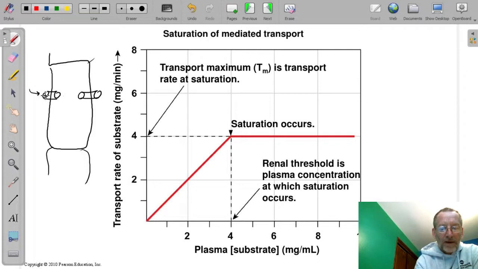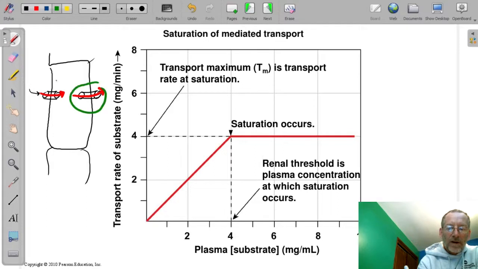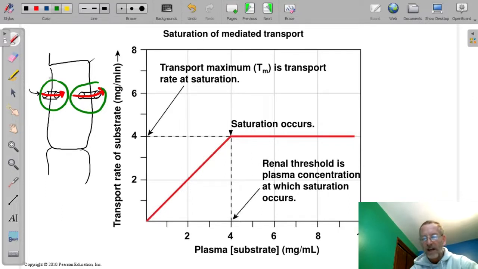On the apical surface, it has to go through, and then it has to go through on the other surface as well. So it's these transporters that we're looking at. And they have limits, is the idea. They can only transport so many molecules so fast. They don't operate at light speed. They have limits as to how many they can move per second or per minute or per hour.